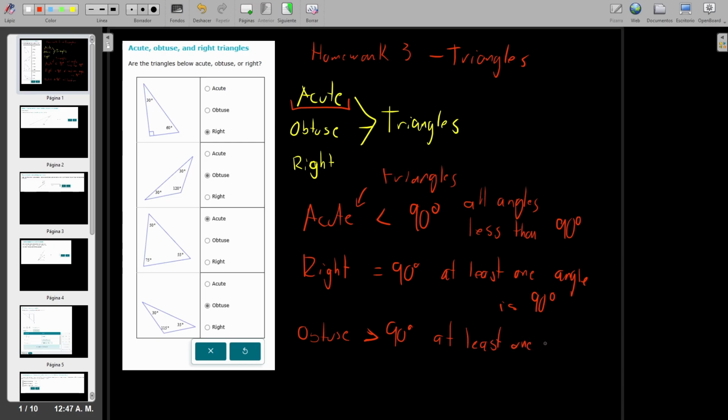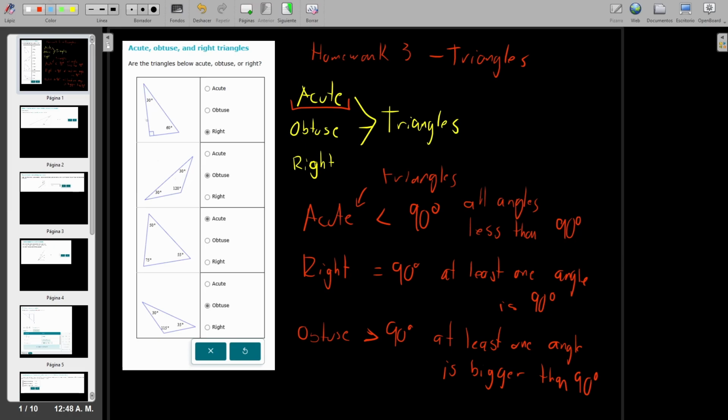At least one angle is bigger than 90 degrees. In this case, we analyze the first triangle.